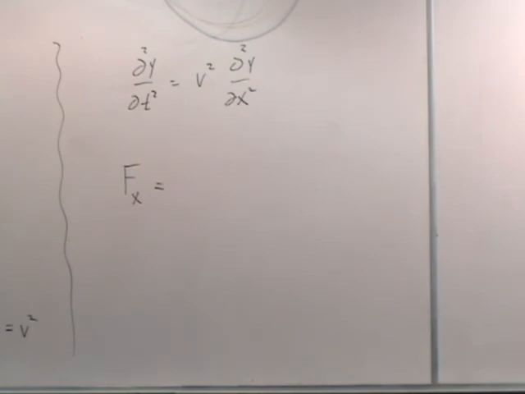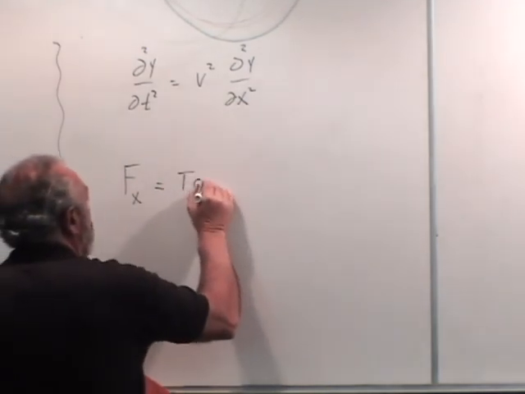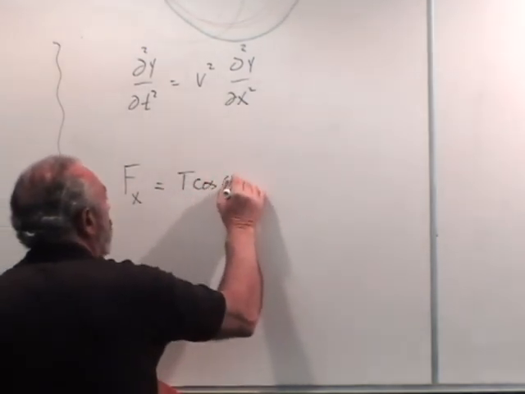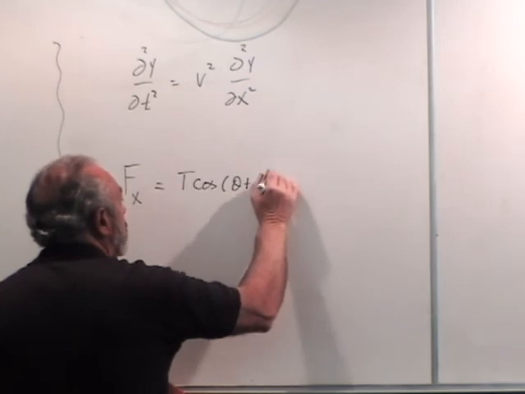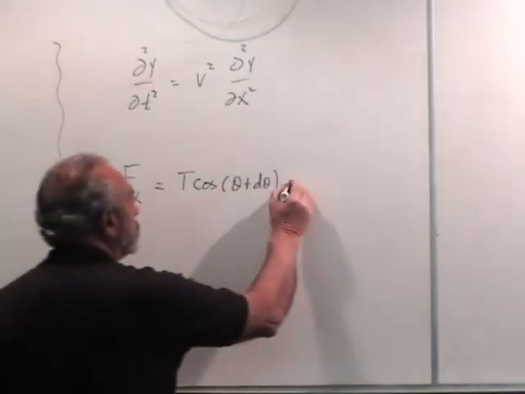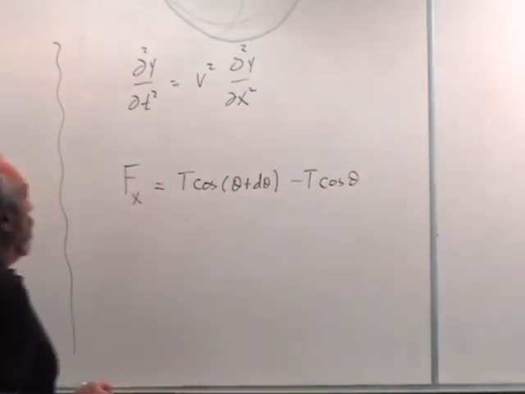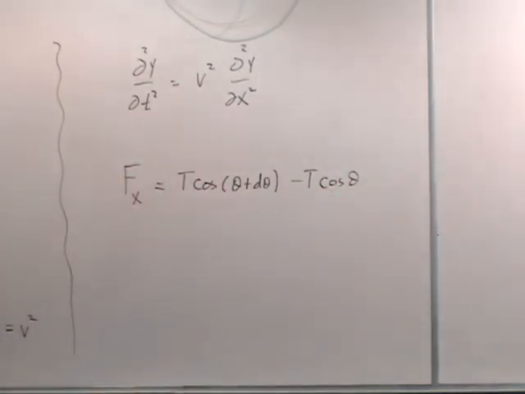So T is the hypotenuse. We have T cosine of theta plus d theta. And then in the opposite direction, pulling backwards, pulling in the negative direction, here's the hypotenuse again, is T, the same T, and it's just the cosine of theta. So it's minus T cosine theta.